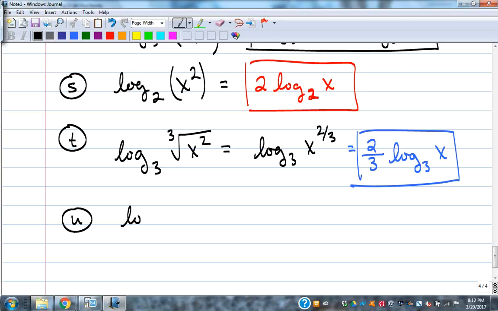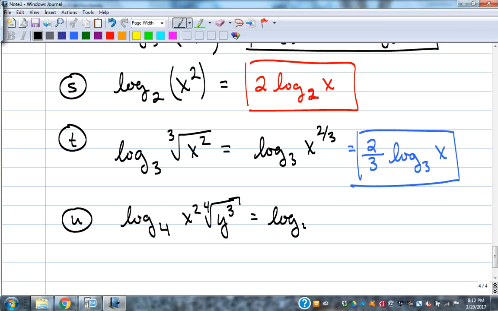So we had log base 4 of x squared, 4th root of y to the 3rd. So stepping it up a lot here. Putting a couple of things in there. So that turns into y to the 3/4. Good.